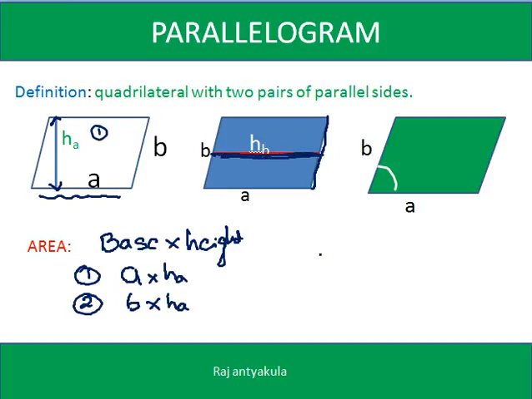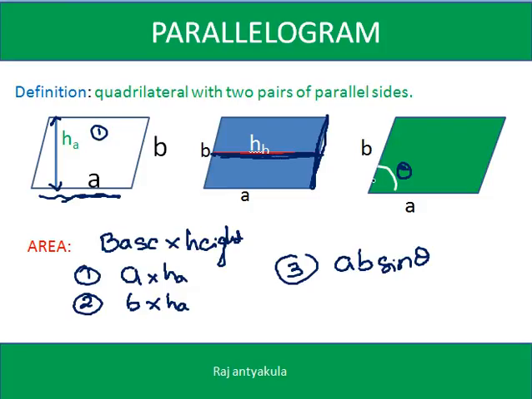Okay, the third formula to find area of a parallelogram: when two sides and angle are given, simply area of a parallelogram is AB sine theta. See here, in the first figure, this is base and this is height, A into HA. In the second figure, we consider this as a base and this as height, so B into HA.